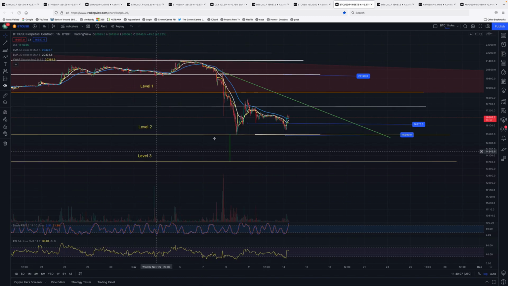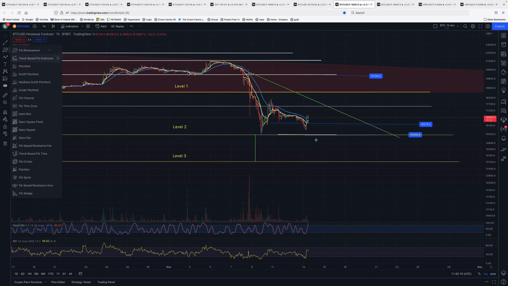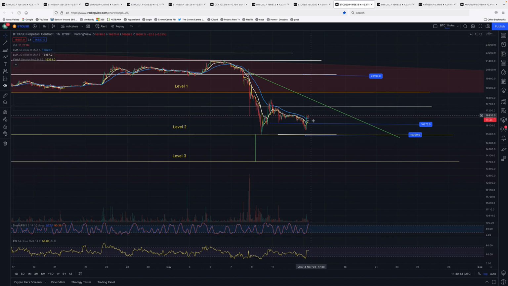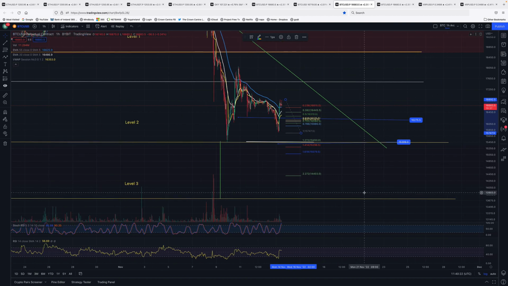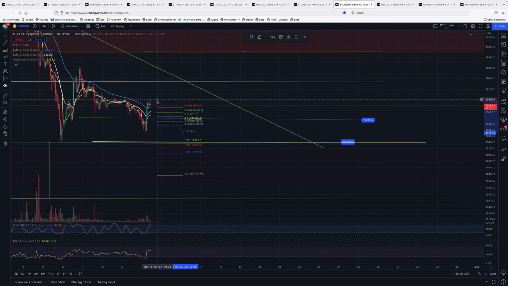So I will be taking my fib levels. I'll be putting them here. And here I would be looking for a 786 correction.